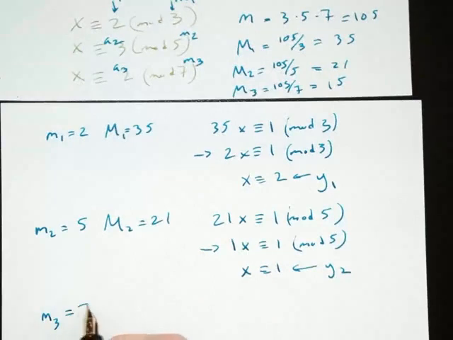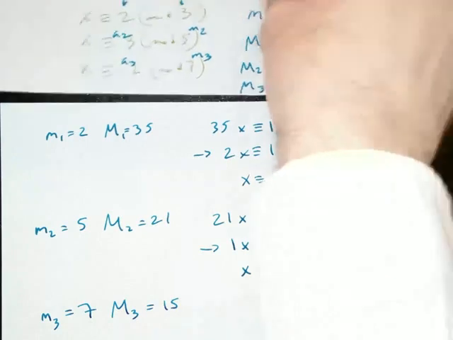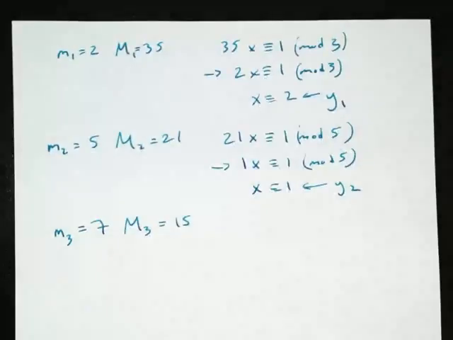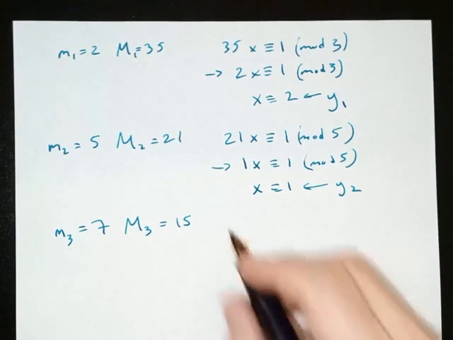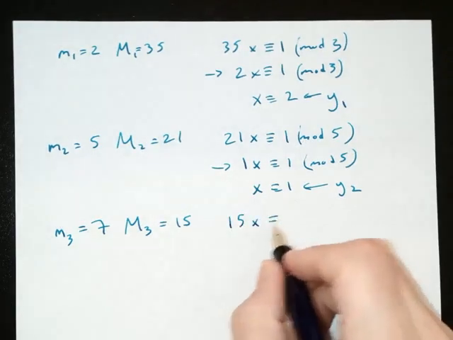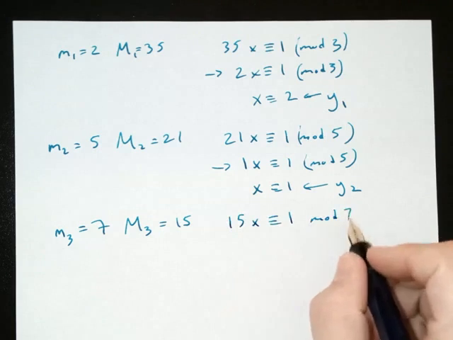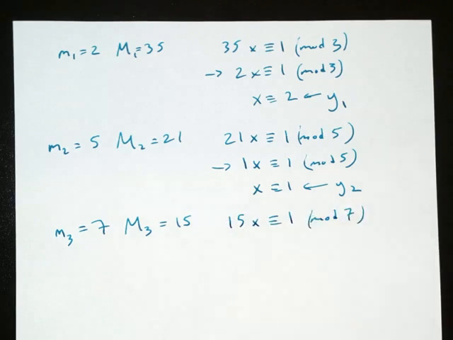This time, little m3 is 7, capital M3 is 15. What happens this time? 15x is 1 mod 7.